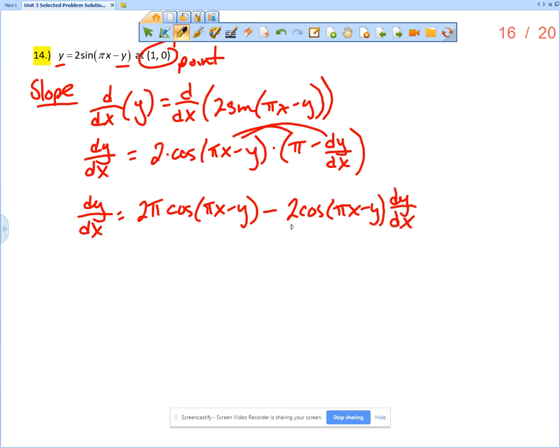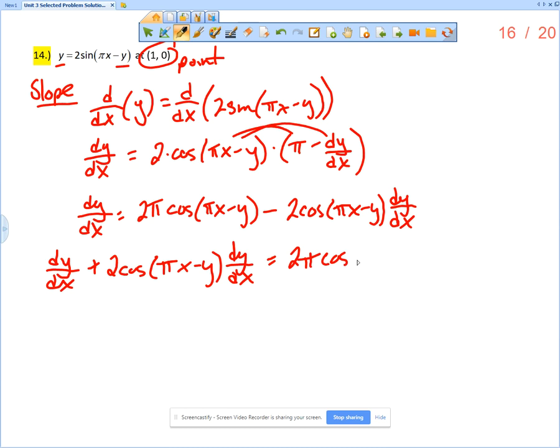Now I'm going to bring the second term over to the left side by adding it. So dy/dx plus 2 cosine of pi x minus y times dy/dx equals 2 pi cosine of pi x minus y.